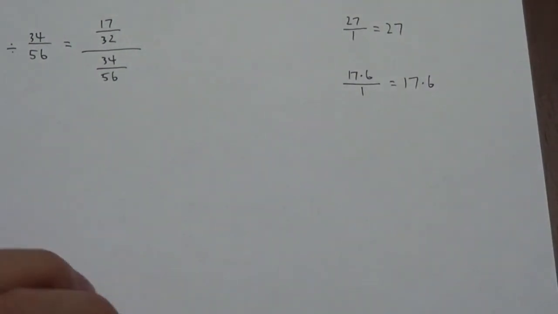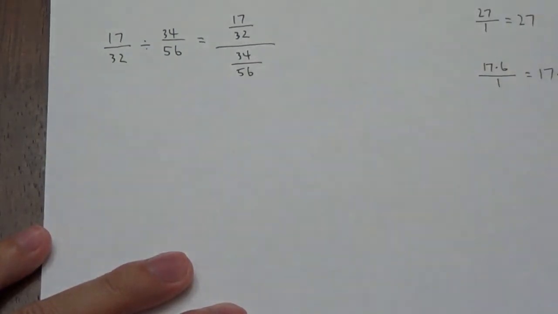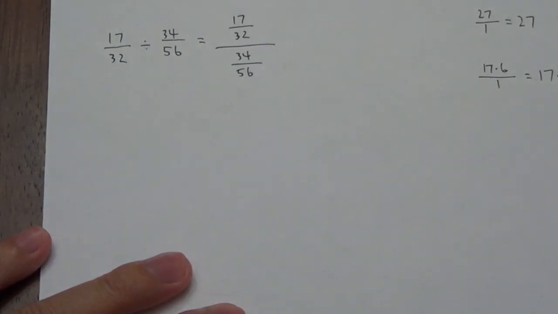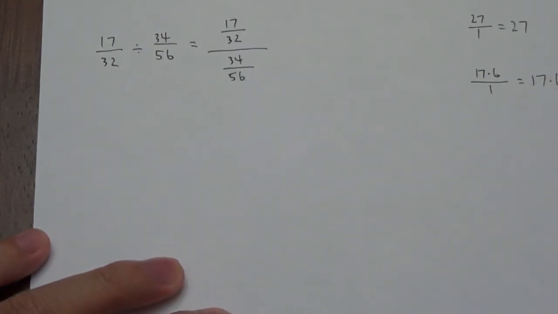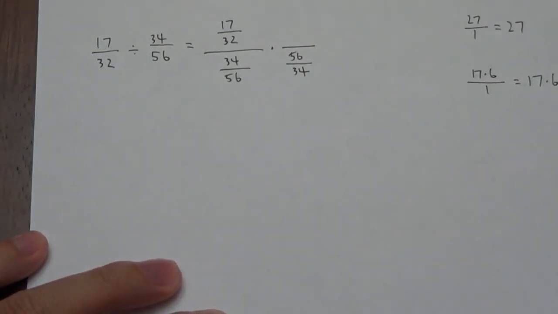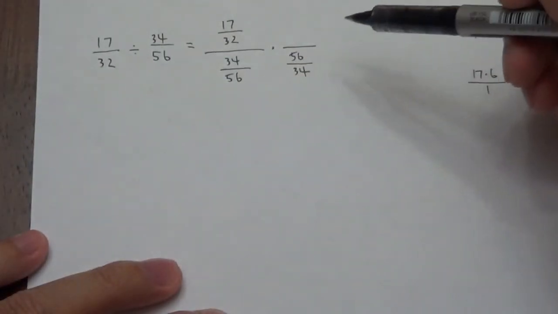So basically if we can somehow convert the denominator into 1, whatever the numerator is, that's going to be the number. And we can do that by multiplying the denominator by its reciprocal, because by definition, if reciprocals multiply by each other, you get 1.